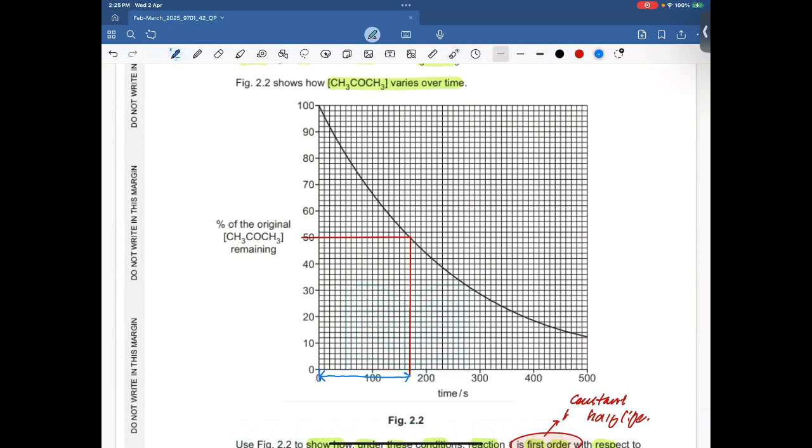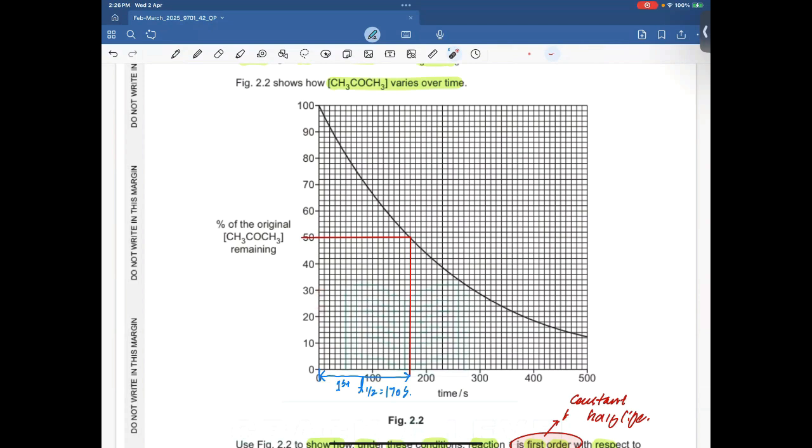So the first half-life is 170 seconds, right? Now this value is 50, half it, this is 25.